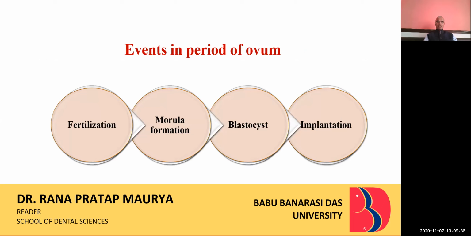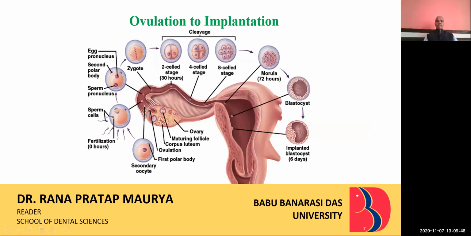These are the various events in the period of ovum: first fertilization, then morula formation, then blastocyst formation, and then implantation of the blastocyst to the uterine wall. Here this is the ovary, the ovarian follicle, maturation of the follicle, ovulation and formation of the corpus luteum.